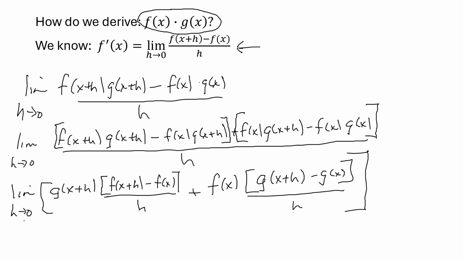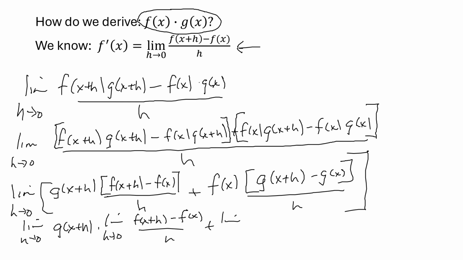So we'll have the limit as h approaches 0 of g of x plus h times the limit as h goes to 0 of f of x plus h minus f of x all over h, which looks familiar, plus the limit as h goes to 0 of f of x times the limit as h goes to 0 of g of x plus h minus g of x all over h. Now let's see if we can evaluate each one of these limits.